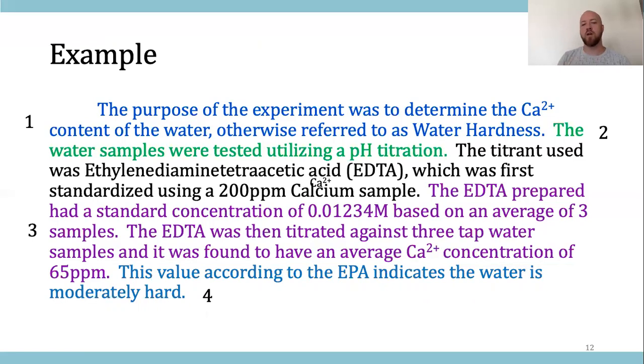There's some little extra part in there talking about what standards we measured it against. Step 3, we found there were 2 parts. We found the concentration of the EDTA. And then in part B, we also found the concentration of the calcium. And then what does this value mean? It means the water is moderately hard according to the EPA. That's the analysis of what that number means.